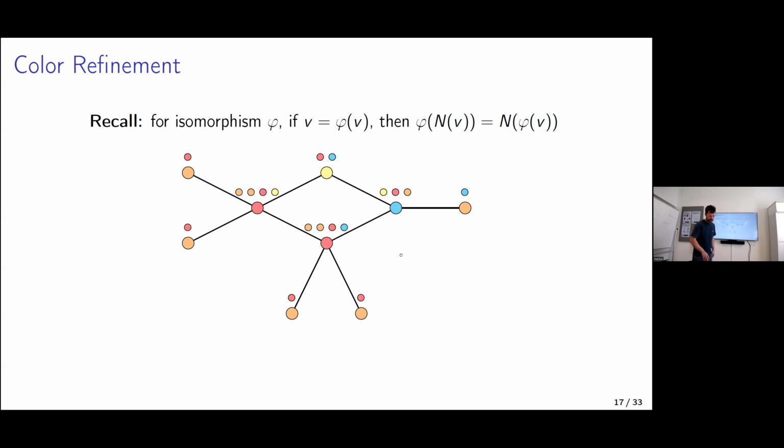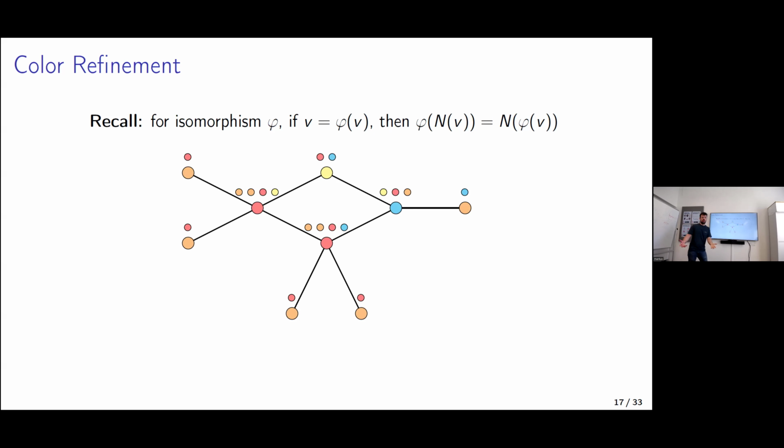And then we just do it again. But instead of just counting the number of neighbors, we now count the number of orange neighbors, the number of red neighbors, the number of yellow neighbors, and so forth. If this orange vertex here has a red neighbor, and this orange vertex here has a blue neighbor, then these two vertices cannot be mapped onto each other, because we would have to map this red neighbor to the blue neighbor.